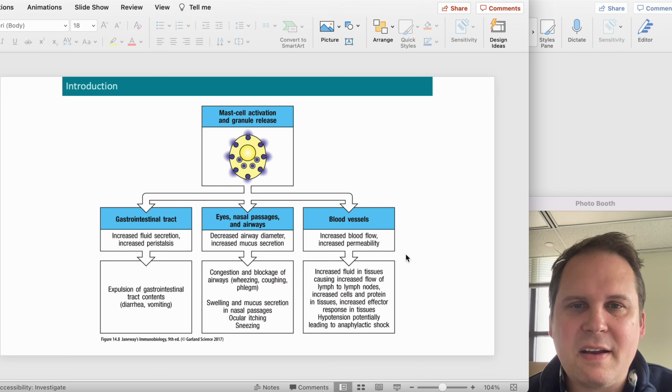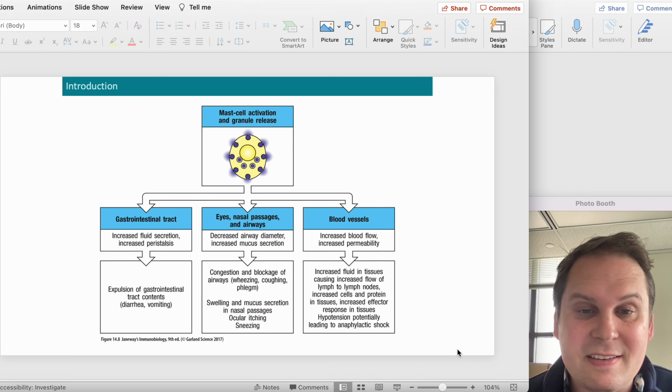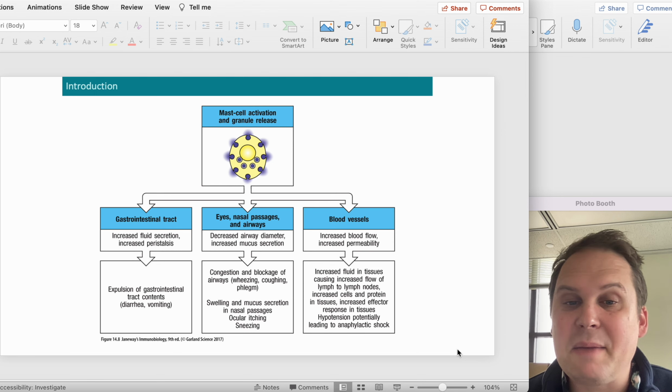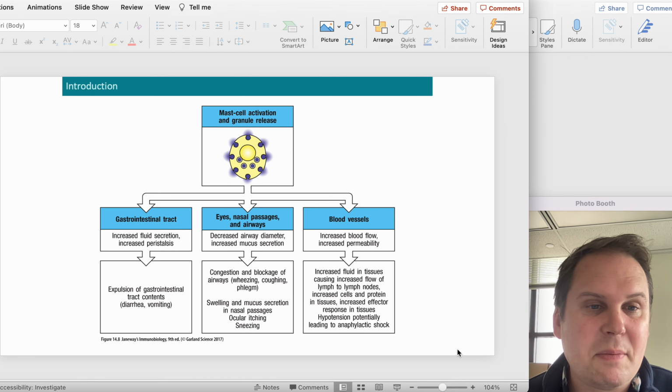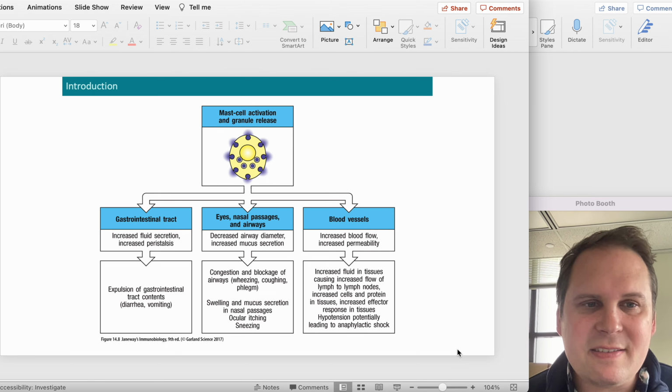And once they are there, you can end up with increased permeability of the blood vessels, which can lead to edema, which can lead to weird things happening in your lymphatic system. And you can end up with hypotension. You can end up with all kinds of cells leaking out into the tissues, like we showed on the hepatitis slides.